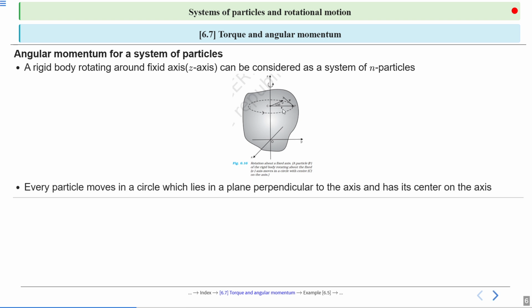Every particle, as shown in figure 6.16, moves in a circle which lies in the plane perpendicular to the axis and has its center on the axis. So here a system of n particles moves from point P to point P prime, not a single particle. Every particle moves in a circular path around a fixed axis.